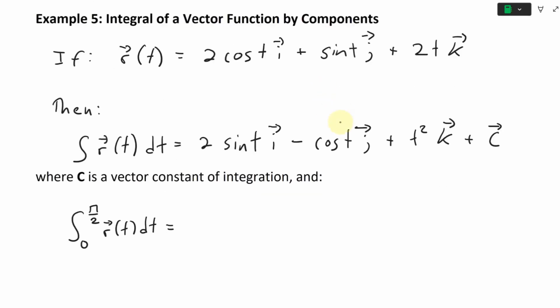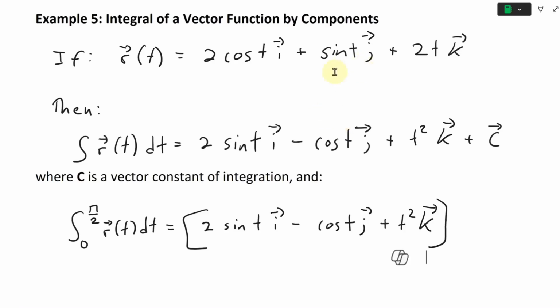So we already know the antiderivative, which is 2 sine t i minus cosine t j, and then plus t squared k. And now we're going to evaluate it, and we can ignore the c because when we subtract them, that just cancels out. So now this is going to be from 0 to pi over 2.